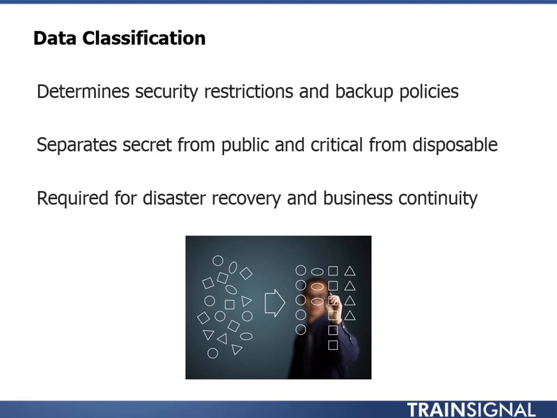So New York Stock Exchange transactions, for example, are generally considered top secret, and you wouldn't want it to be public that somebody was going to be selling a whole bunch of their stock, because other people could come in and abuse that, and that would be highly illegal. And it would also change the financials for the company. So that's highly confidential.